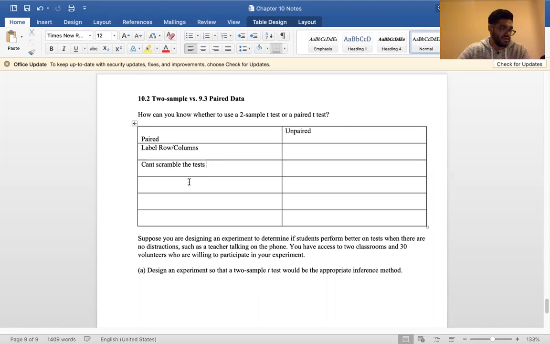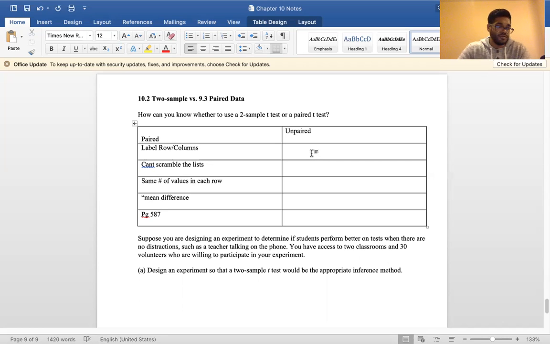So you can't scramble the tests or the list, sorry. You have the same number of values in each column or in each row. Here we're looking at the mean difference. Okay, and then if you want an example, look at page 587 in your textbook.